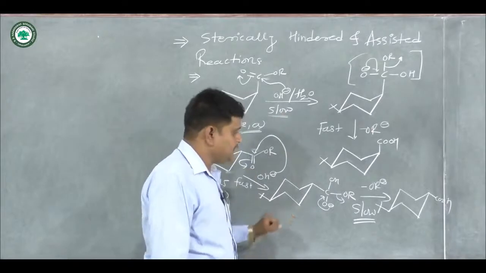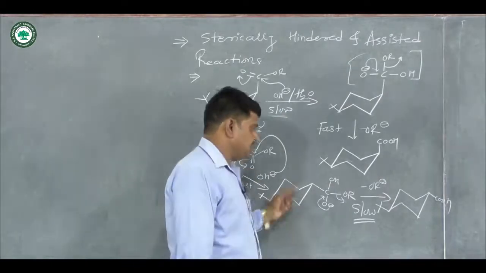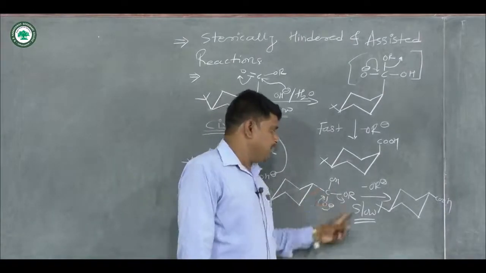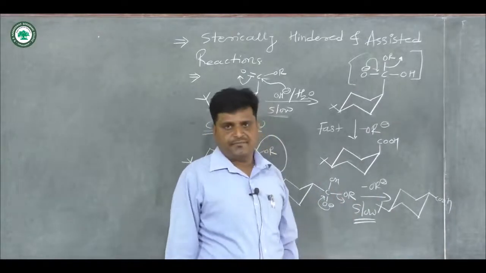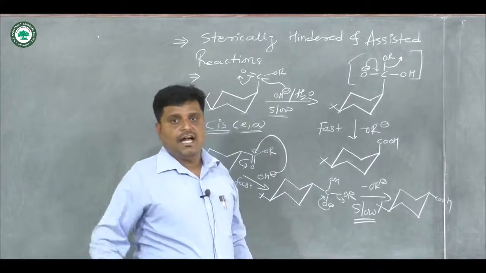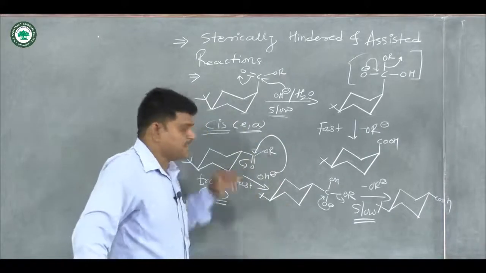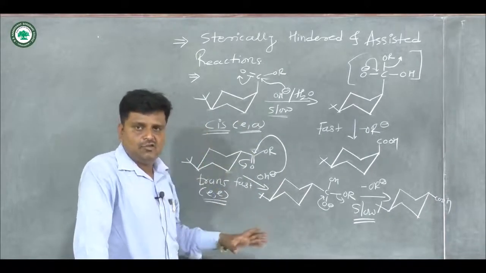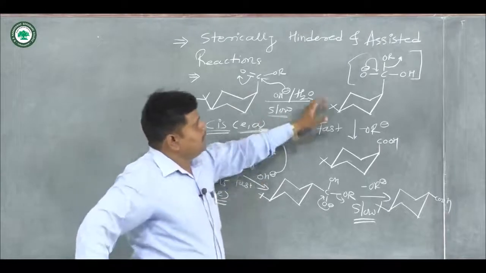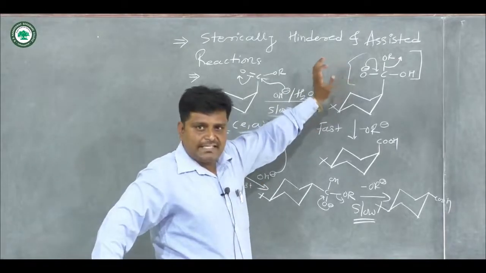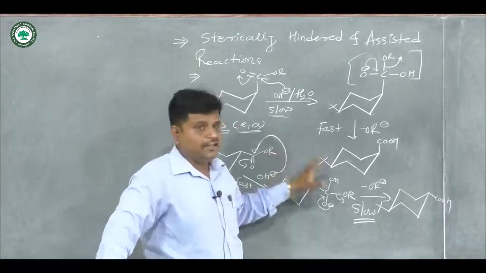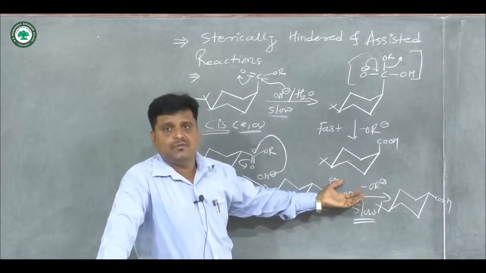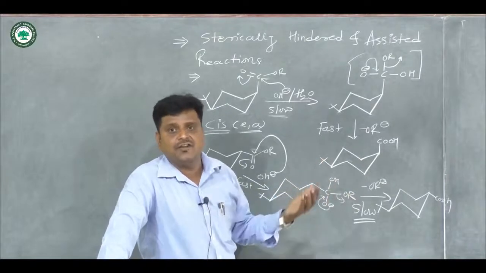And in the second example, the second step has the bulk at the equatorial position, so the step is slower. From the overall explanation we can conclude that when the bulk is at the axial position, the rate of reaction is faster, and when the bulk is at the equatorial position, the rate of reaction is slower.